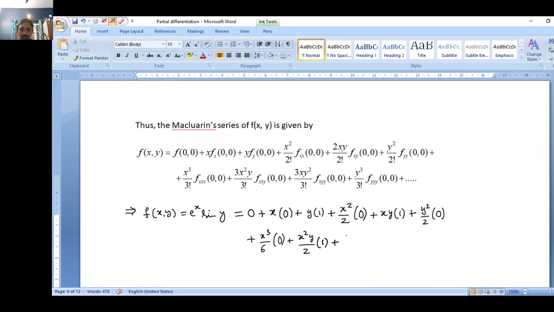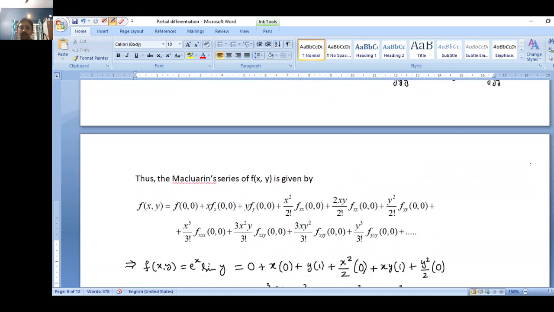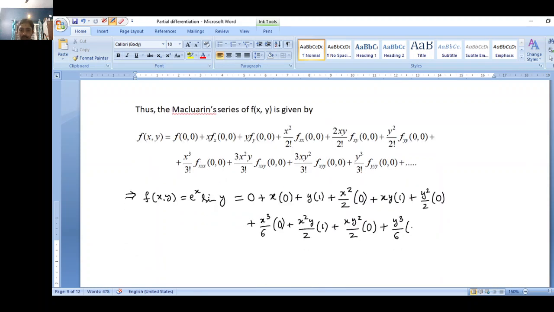Then again here you get x y squared by 2 factorial by 2 as such, and this will be 0 because we have got fxyy of 0 comma 0 to be 0, and the last term is plus y cubed by 3 factorial, which is 6, and that multiplied by fyyy of 0 comma 0 is minus 1, so this will be minus 1. And don't forget to say that this continues as such because it's an infinite series expansion.